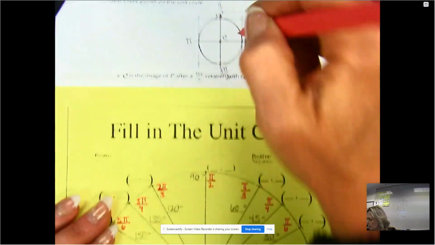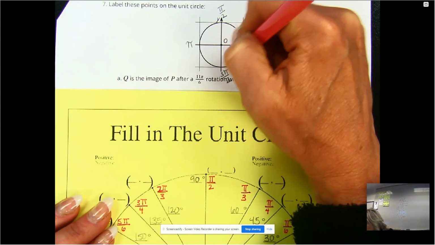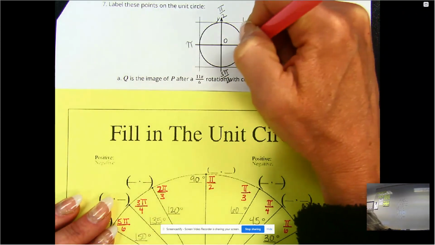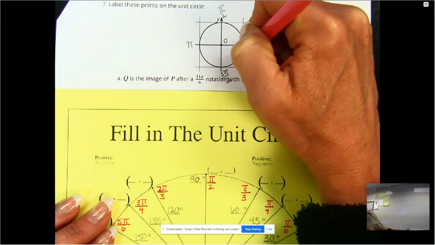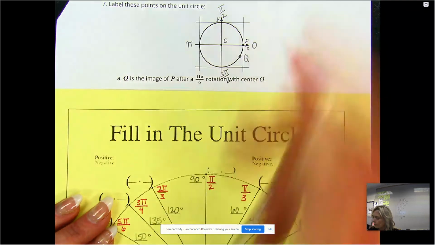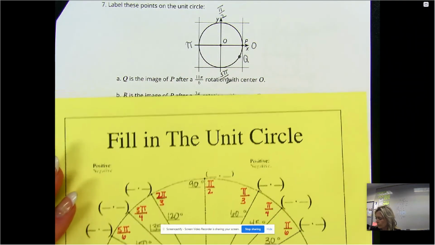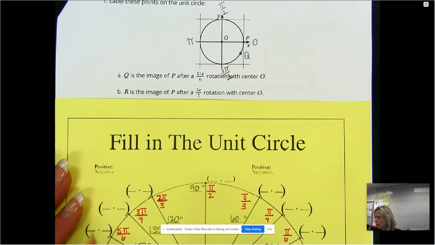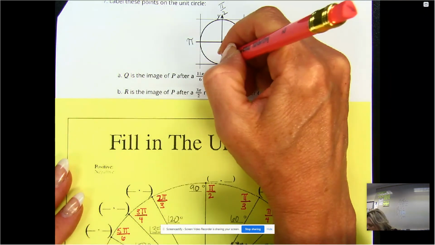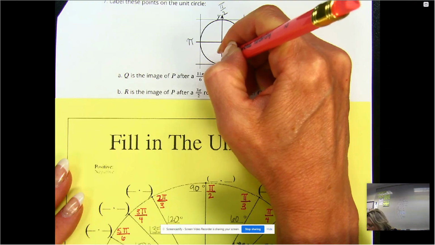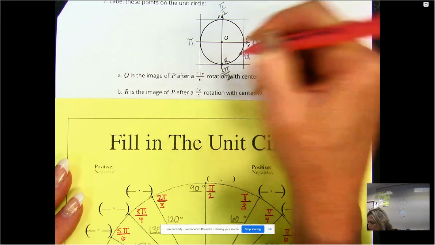And I'm going to estimate, it's like 1/3 of this space. So I'm going to estimate Q to be right about here. Next is R, which is 3 pi over 2. We already labeled that. So this point right here is R.